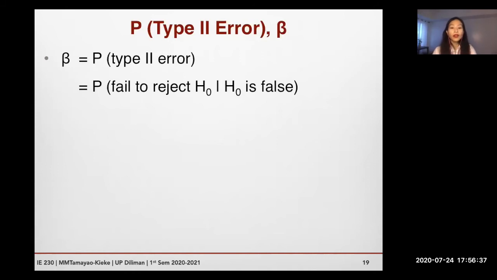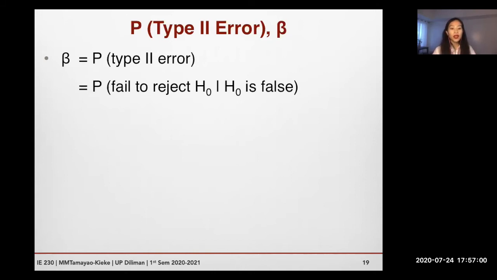Now, along with the specification of alpha is the specification of the beta value or the probability of type 2 error. Now, the type 2 error is basically the probability of failing to reject H naught when H naught is actually false. Okay?